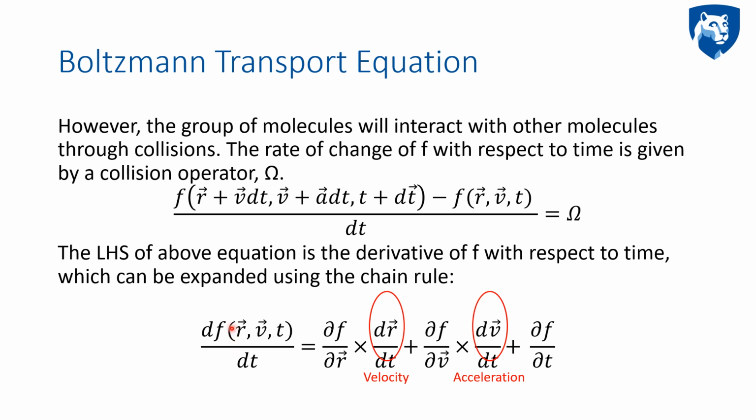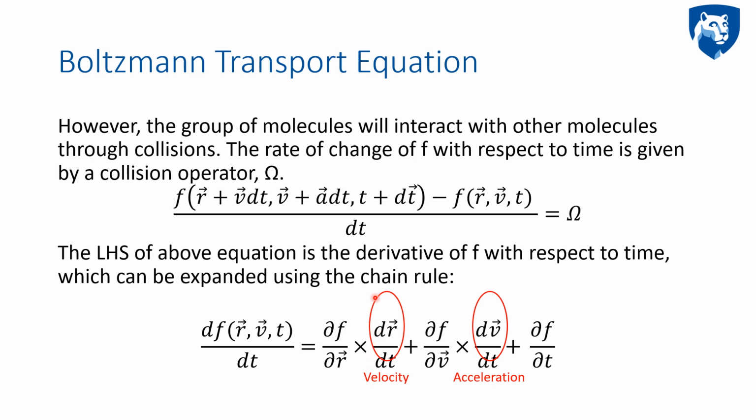And since this is a derivative of multiple variables, it can be expanded using the chain rule. So the expansion of df over dt is del f over del r into dr over dt plus del f over del v into dv over dt plus del f over del t.